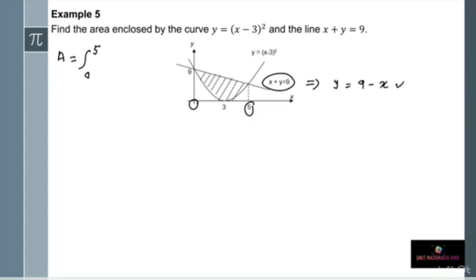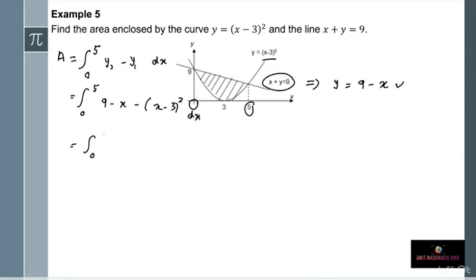So we take the integral of y2 minus y1 dx, with limits of integration 0 to 5. y2 is the upper curve, which is 9 minus x, minus y1, the lower curve, which is (x minus 3) squared, dx.